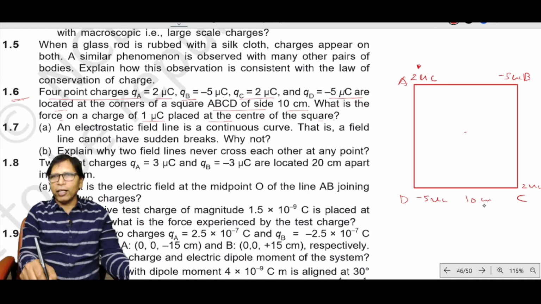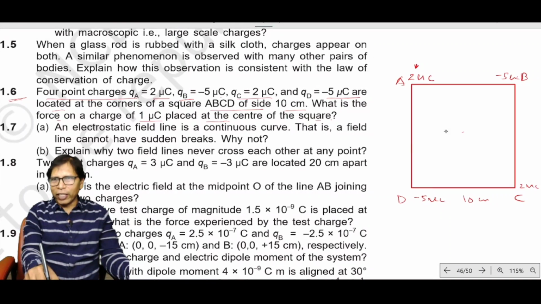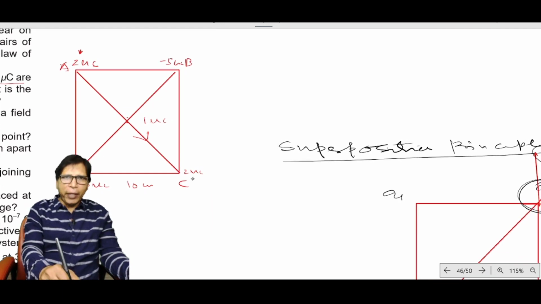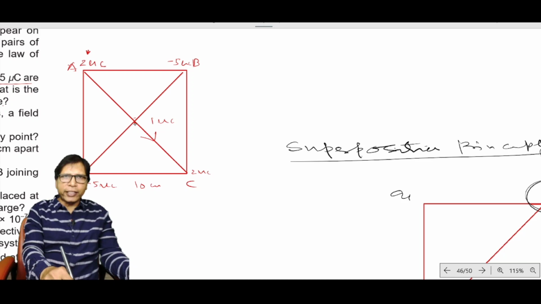10 centimeter. Now we have to calculate the electrostatic force on the 1 microcoulomb charge placed at the center. The force on 1 microcoulomb by a 2 microcoulomb charge is the same as the force by the other 2 microcoulomb charge on it. So these two forces cancel one another. Suppose this is O. This force is FAO, and this force is FOC.